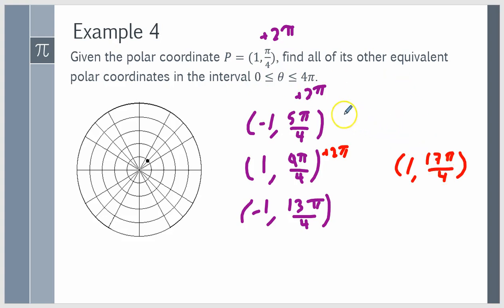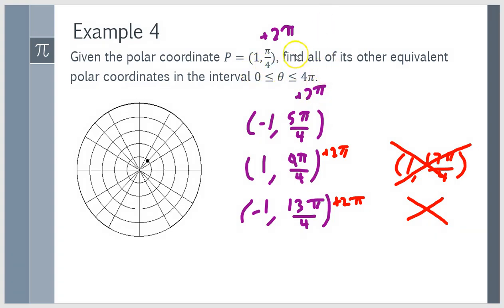So even though, yes, it is another way of writing all of these other ordered pairs we've listed, it is not within our domain of 0 to 4 pi. So I'm going to stop including more ordered pairs. The same thing would happen if I also added 2 pi to this value. That one would also be too big, even though it is still another equivalent way of writing the ordered pair. So these answers are just getting crossed out because we only wanted the angles between 0 and 4 pi.